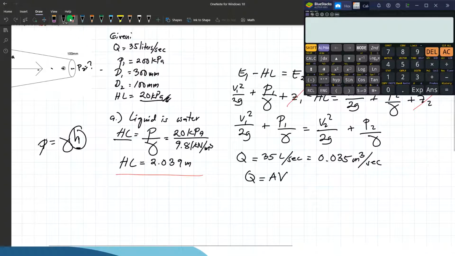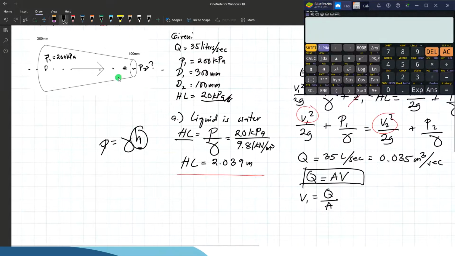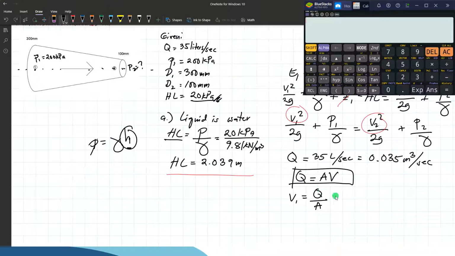So, for us to determine the velocities at point 1 and 2, we can use this formula. So, the velocity at point 1 is equal to discharge over area. Discharge is always equal at point 1 going to point 2. They are constant. So, here, divide the discharge of 0.035 cubic meters per second by the cross-sectional area of point 1.